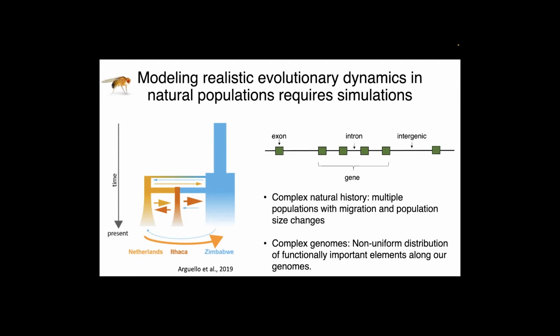And modeling the complex genome architecture, where genes are non-uniformly distributed across the genome, adds another layer of complexity to these populations. So when we really want to understand the dynamics of mutations in natural populations, it ends up requiring simulations, at least at this point.